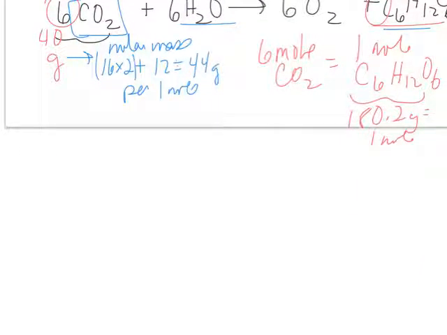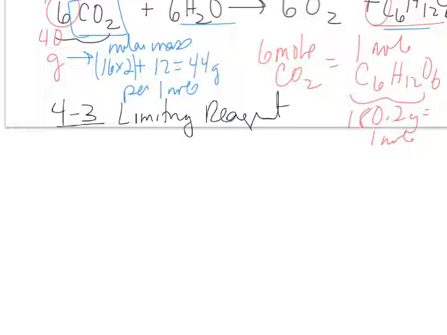limiting reagents. So you're looking at 4-3, limiting reagents. How do you spot a limiting reagent? Well, you're going to be given amounts of both your reagents. So you'll be given either grams or moles of both reactants. And then, if you remember correctly, you have to figure out how many moles of product.